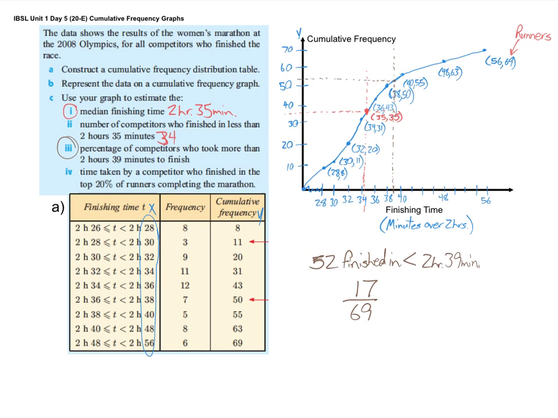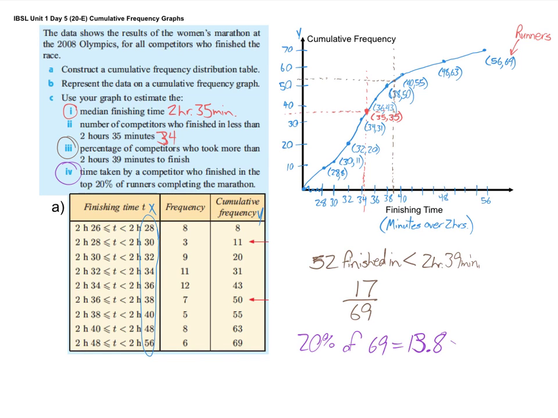Okay? Now, the top 20%, real quickly here, here's where you have to kind of think about the numbers you're dealing with, all right? 20% of 69 is 13.8. Now, the 14th person, therefore, would be out of the top 20%.